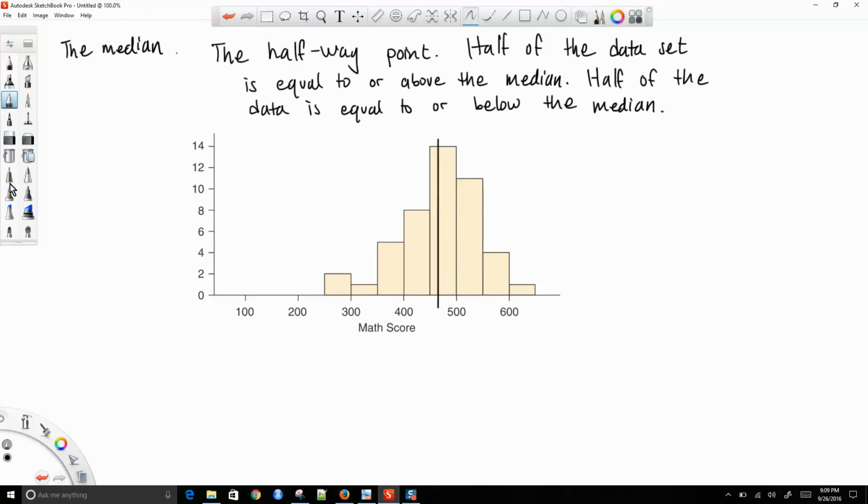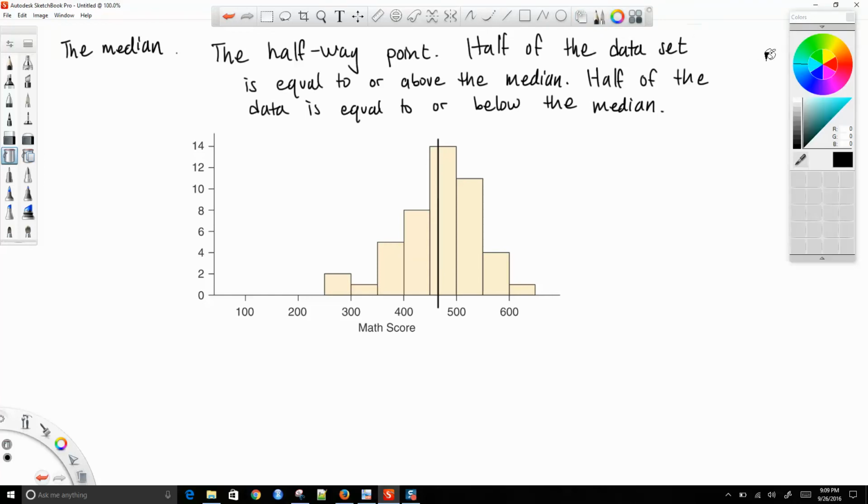We would paint one side, and maybe these two sides have equal area, maybe not.